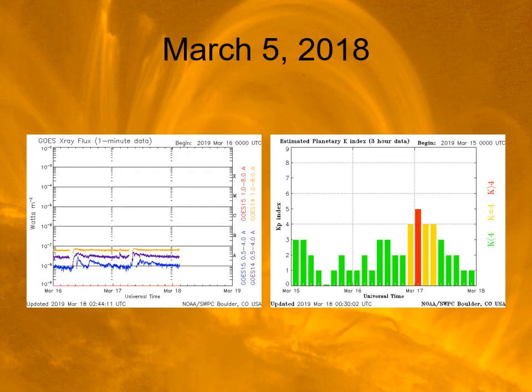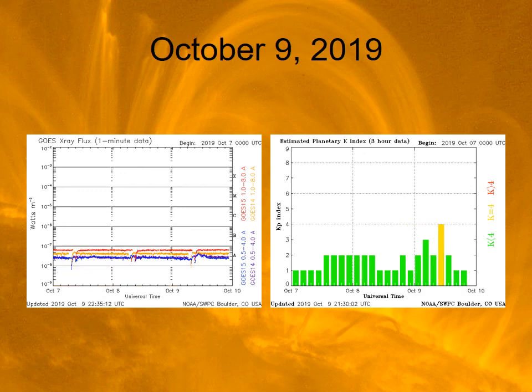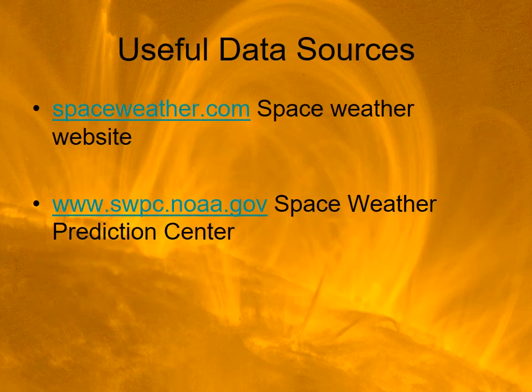Again, I showed you on spaceweather.com how to get the current radiation X-ray measurements, or the current magnetic activity. Spaceweather.com is a good go-to place to find all kinds of space weather information.